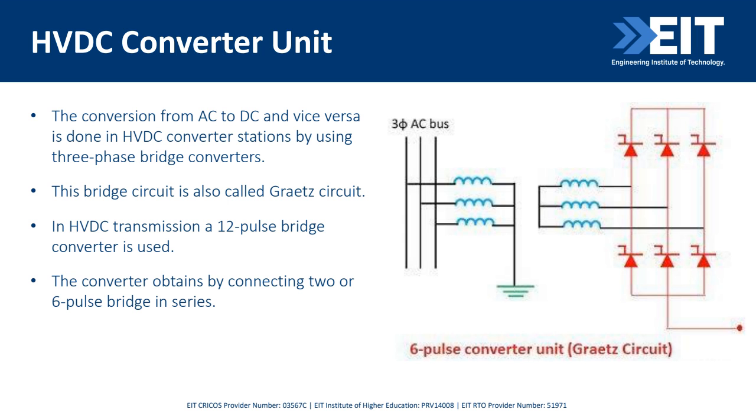The converter is obtained by connecting two of these 6 pulse bridges in series. So that becomes a 12 pulse bridge converter. This process is very simple. We control the switching to convert AC power to DC power, and that control is done by different modulation techniques.